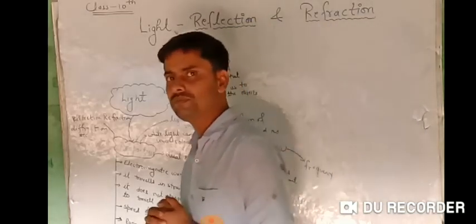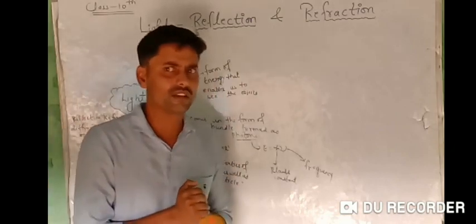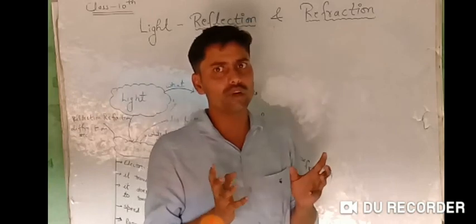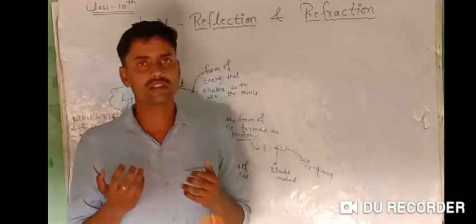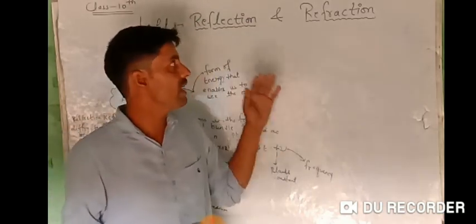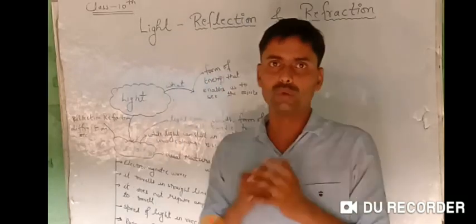So guys, when we are somewhere, then we see some objects, we see the beautiful world around us. Then what is the part of nature that makes us able to see this beautiful world?